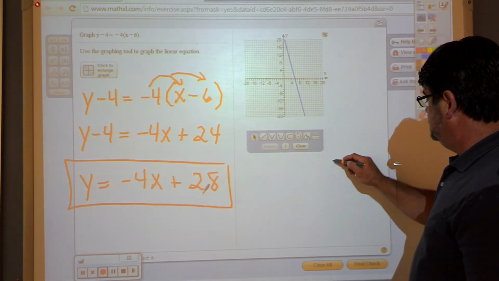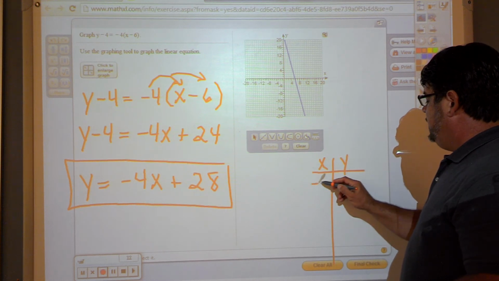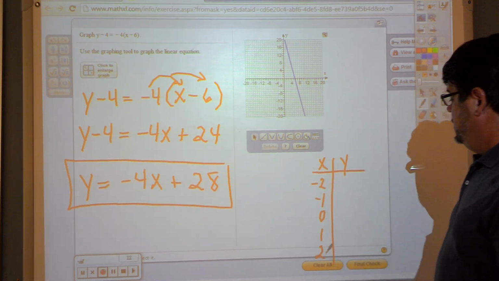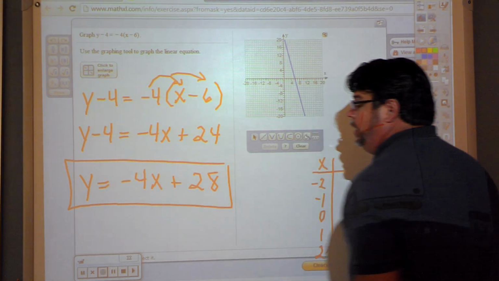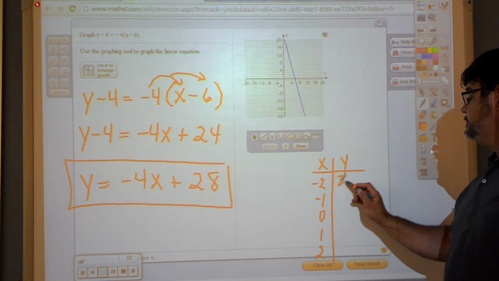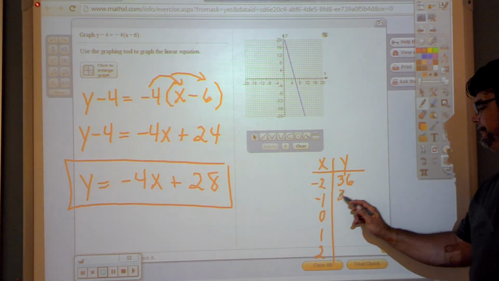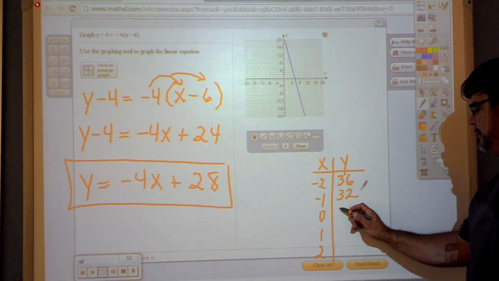And method 1 is the building a line, correct? Use x values of -2, -1, 0, 1, and 2. What's -2 times -4? Positive 8. And what's 8 plus 28? 36. -1, that's 4 plus 28, which is 32. 0 plus 28 is 28.